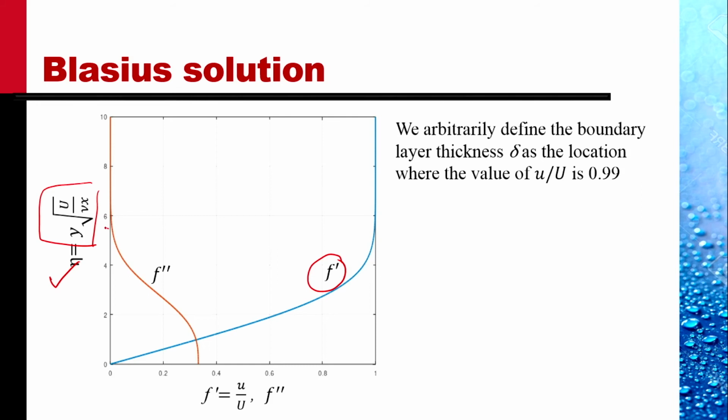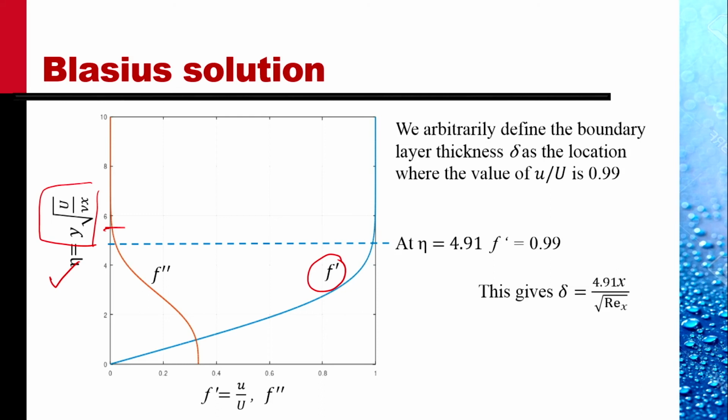That is somewhere here. At eta equal to 4.91, f prime is 0.99. And so we define the boundary layer thickness delta as 4.91x divided by under root Re_x. Many textbooks give a further approximation to this as 5x divided by under root Re_x.